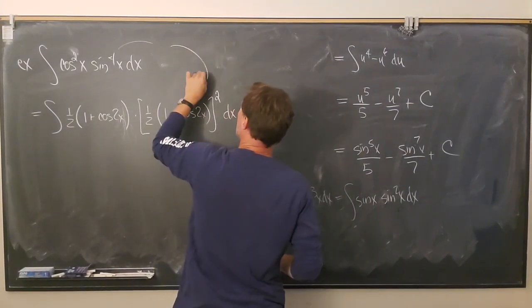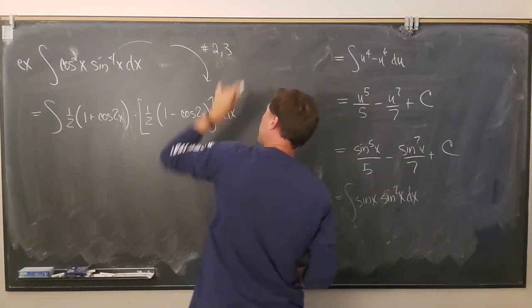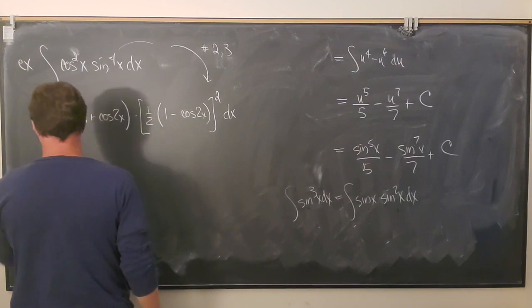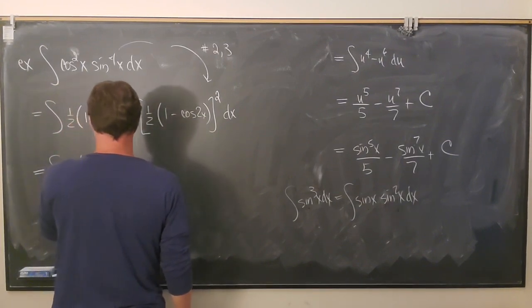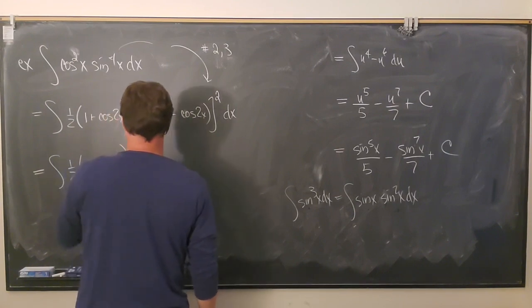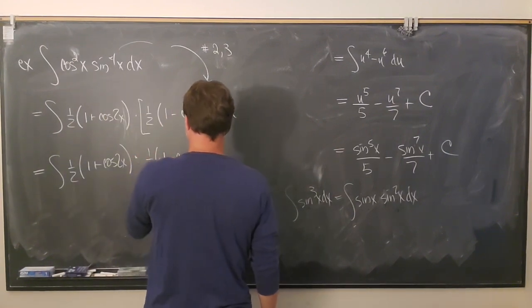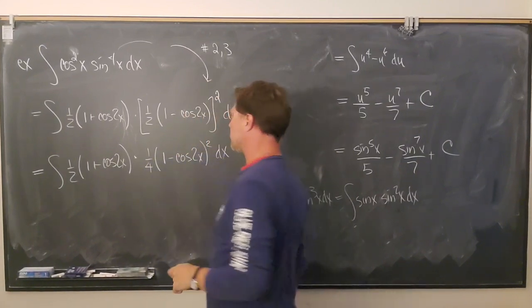So just to indicate what we did, we used both identity 2 and 3 right there. All right, so now let's clean things up a little bit. This is a 1/2, 1 plus cosine 2x times 1/4, 1 minus cosine 2x squared dx.